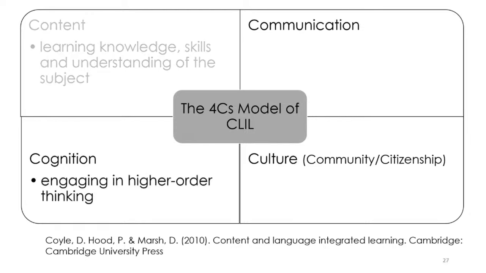Cognition, of course you know, is about engaging in higher order thinking. So when we teach content, we hope it's not just to get students to remember and understand. We hope that they can apply, analyze, evaluate, and create.